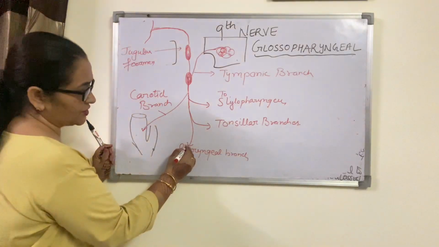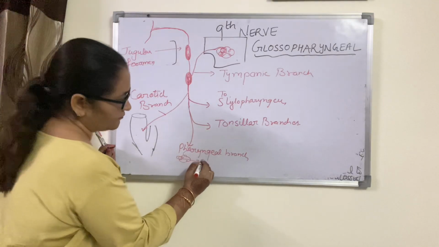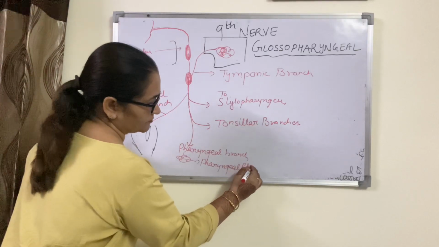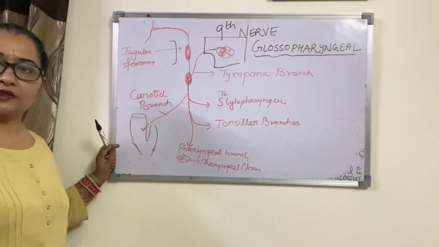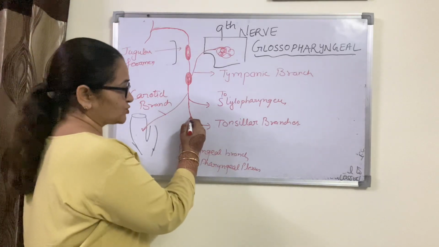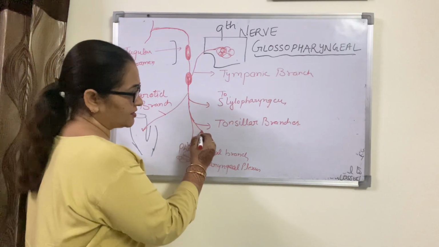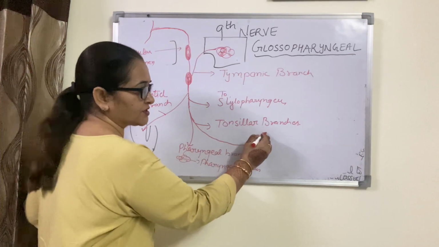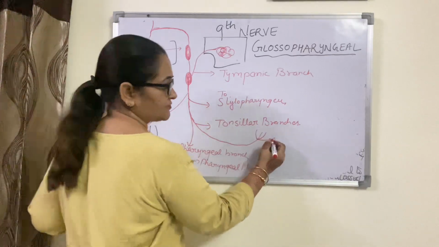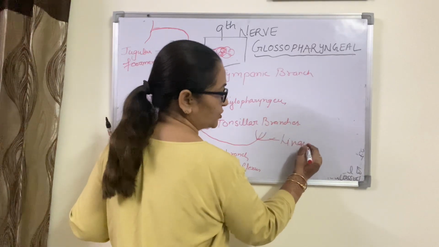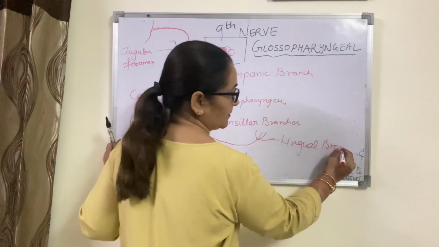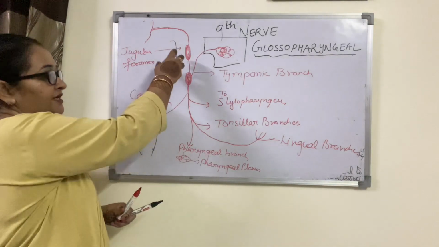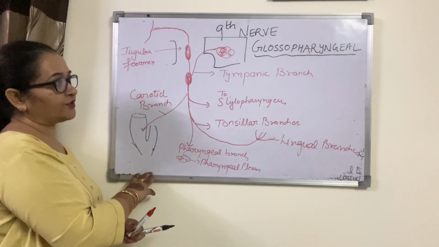This pharyngeal branch forms a plexus known as the pharyngeal plexus. Clear? Now coming next, after giving these branches, this nerve comes in relation to the genioglossus and hyoglossus, and it gives the different branches, which are the lingual branches to the tongue. So this is the line diagram showing the different branches of the glossopharyngeal nerve.